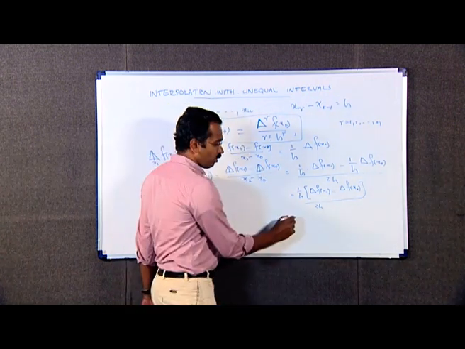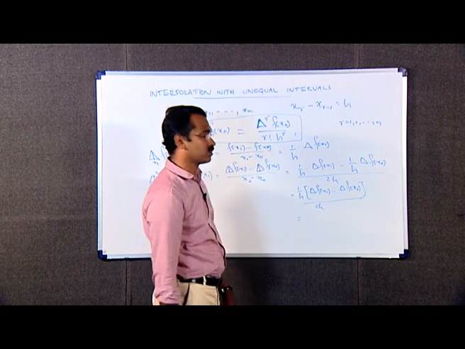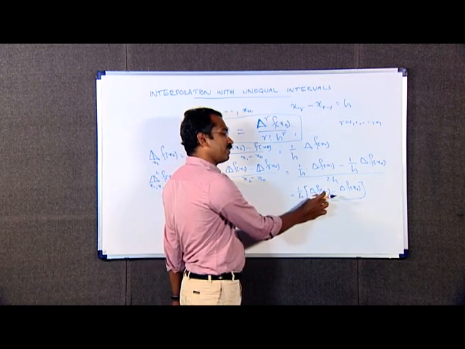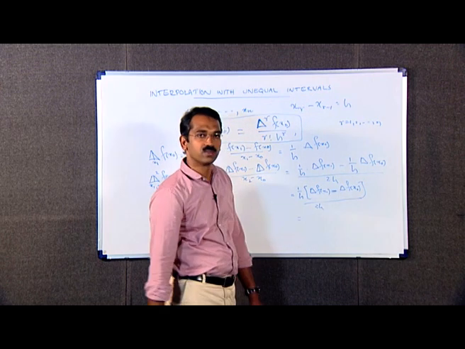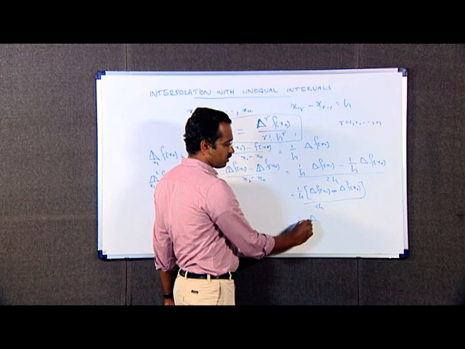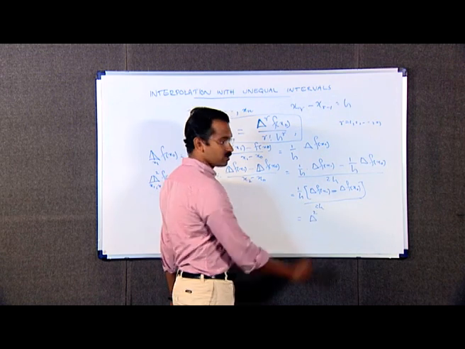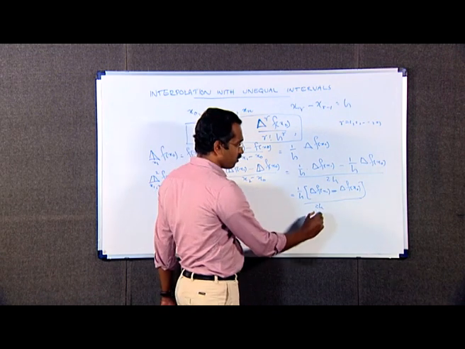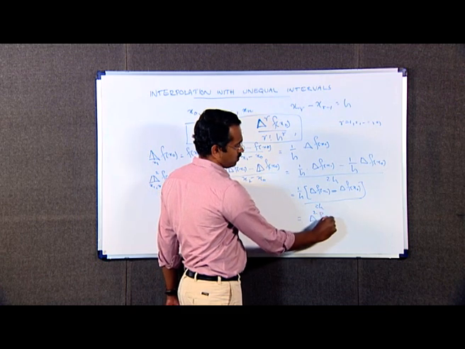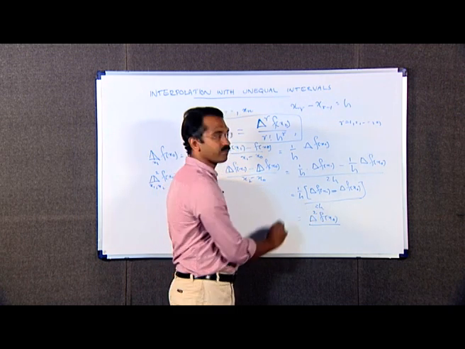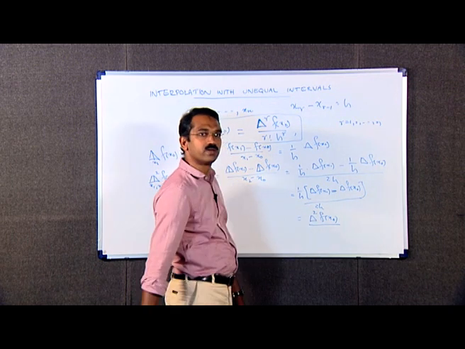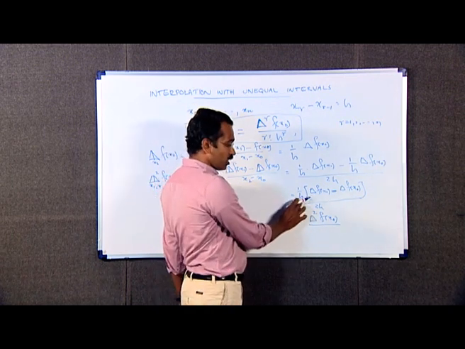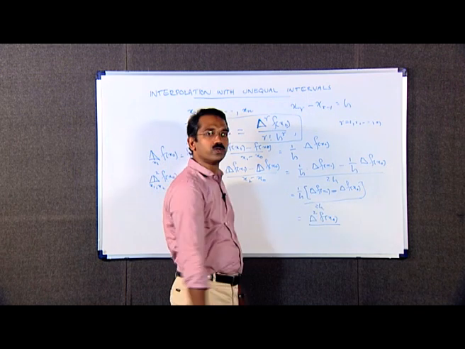By definition of forward difference, delta f of x1 minus delta f of x0 means the second order forward difference delta square f of x0, divided by, here in the denominator, 1 into h into 2 into h.